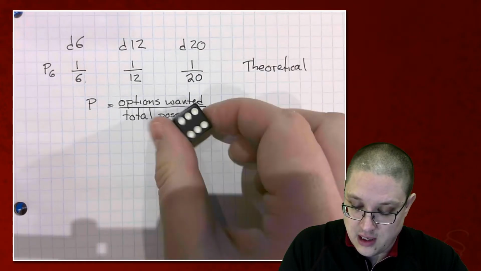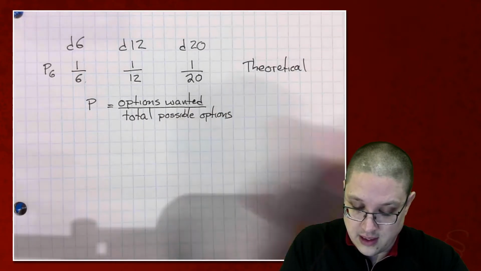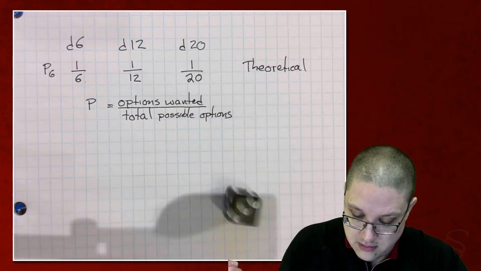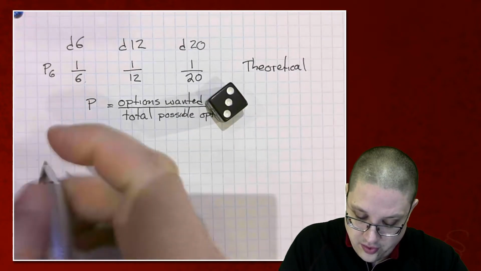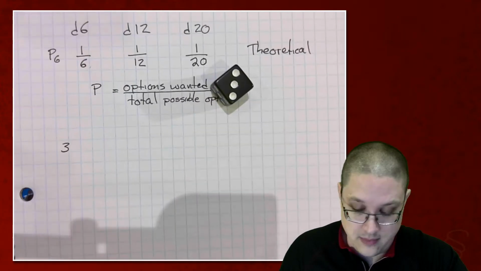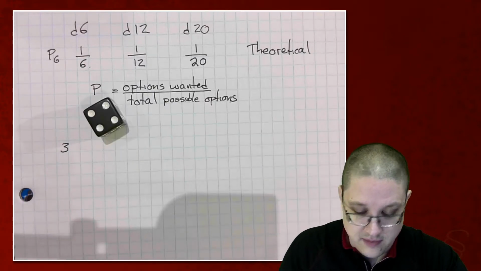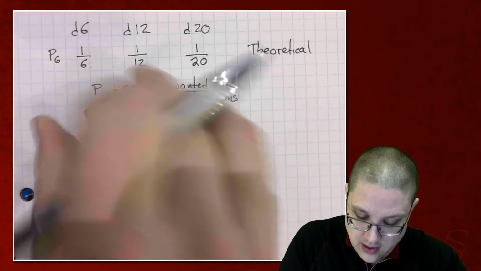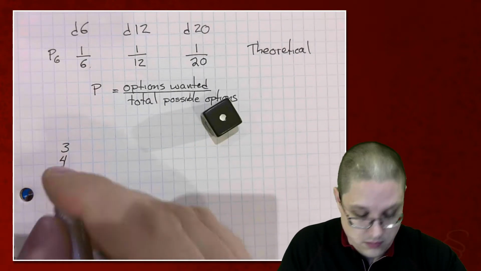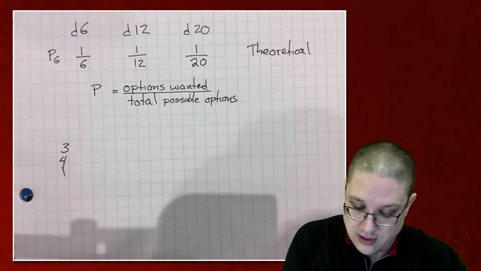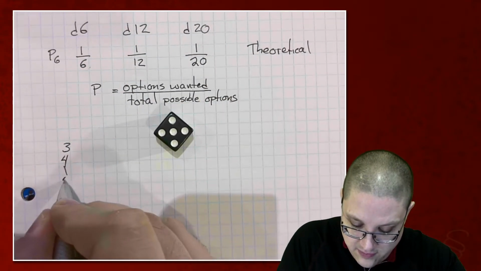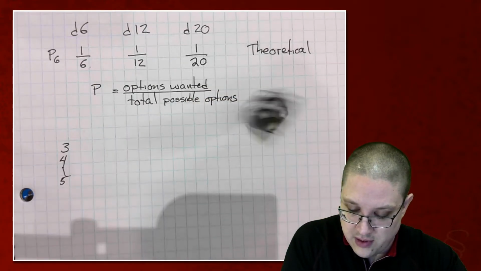Now let's try a little experiment here. I take my D6 and say, I'm going to roll this a couple times. So I rolled a 3. I'm going to write these down. I roll this again. Oopsies. Roll it again. There's a 4. I roll it again. Oh, there's a 1. I roll it again. There's a 5. And I'm going to do this a couple times.